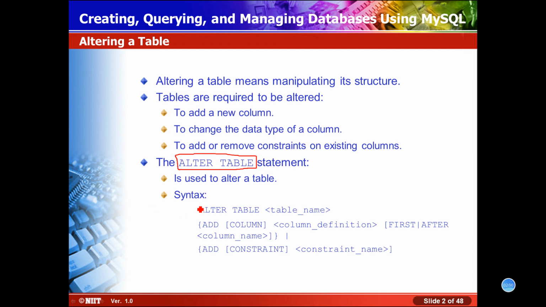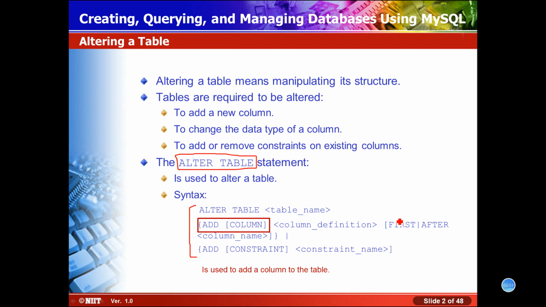You can look at the syntax here: ALTER TABLE, table name. You have to give the name of the table which you want to alter, that is, which you want to change. Then you can add a new column or add a new constraint.